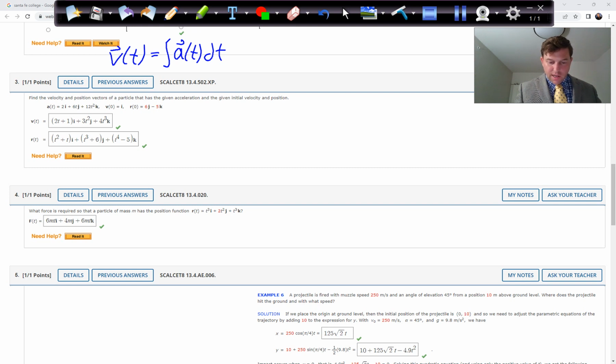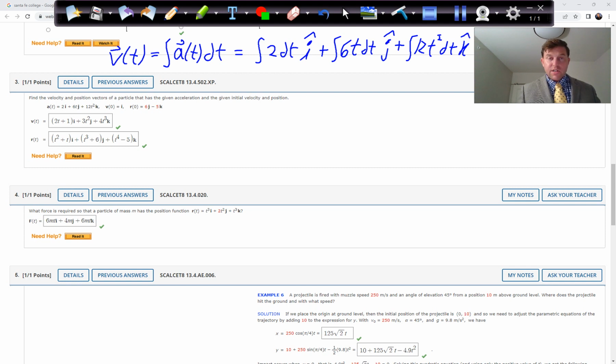So this is equal to the antiderivative of 2 in the i plus the antiderivative of 6t dt in the j plus the antiderivative of 12t squared dt in the k. The antiderivative of 2 is 2t in the i.